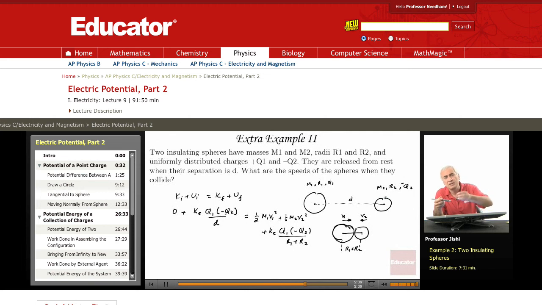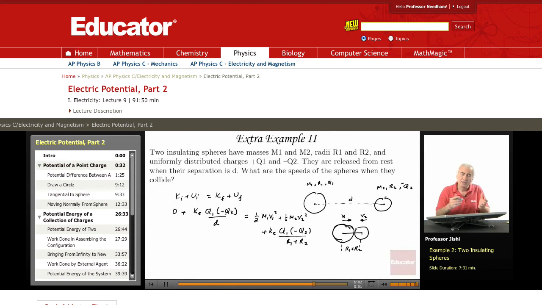The first attracts the second, and the second attracts the first by an equal and opposite force, by Newton's third law. But there are no forces from outside. Nobody from outside is pushing this sphere or that sphere. So since there are no external forces, the momentum is conserved.